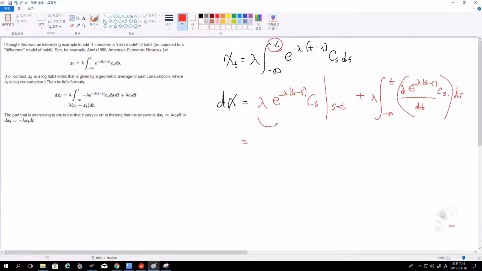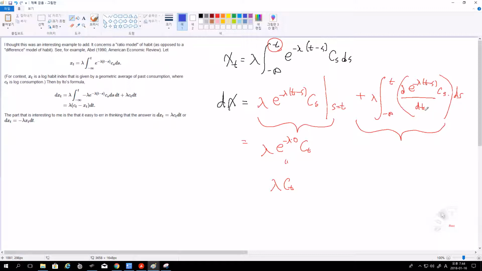First, let's take a look at the first part. With s equal t, this part becomes lambda e to the minus lambda 0 and c(t), which is basically lambda c(t). Okay, and now about this part. Let me use a different color. Now we have to integrate this one.